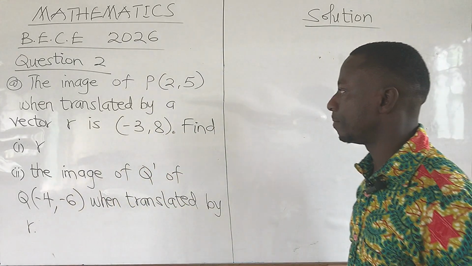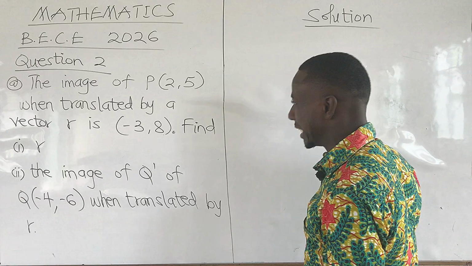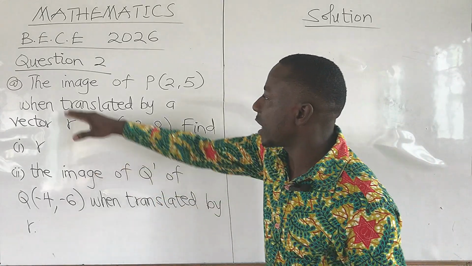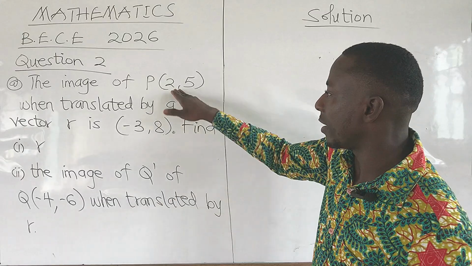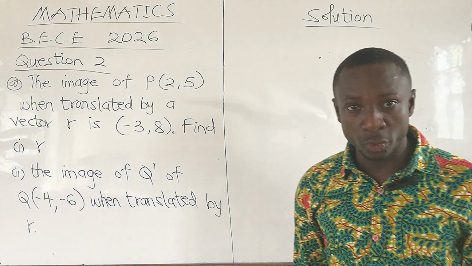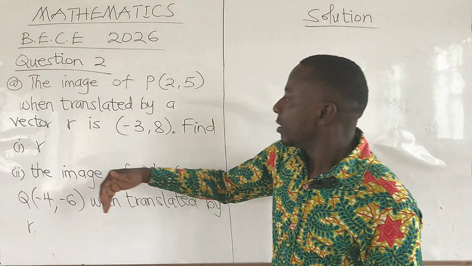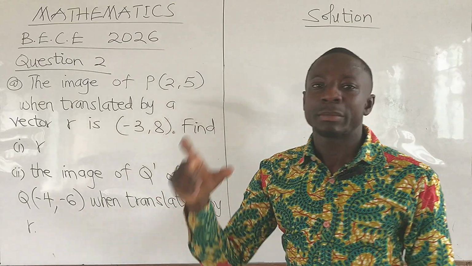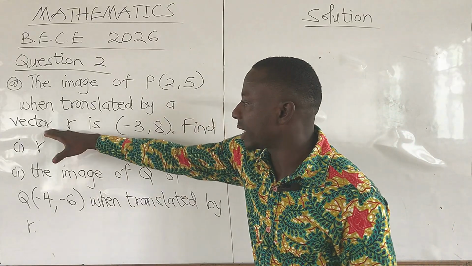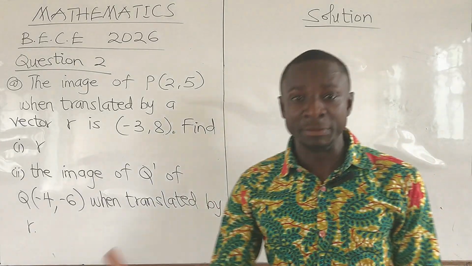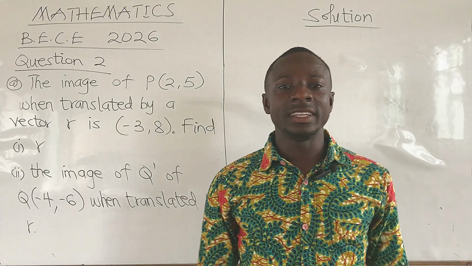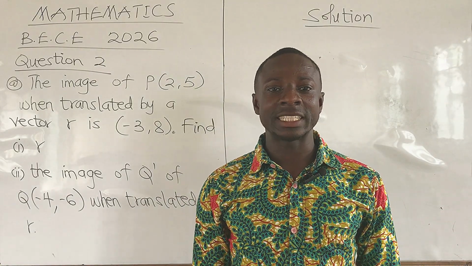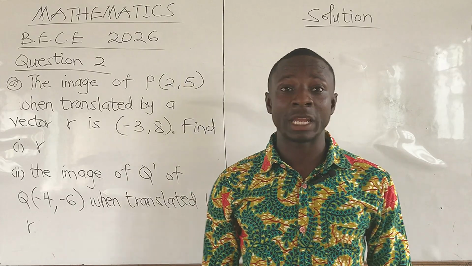So, solution. Under translation, anytime an image is given a vector, and then we have another point, then always the point given plus the vector will give you an image. I normally say that anytime you are dealing with translation, it is just like snapping a picture.